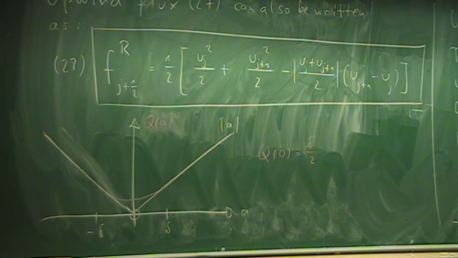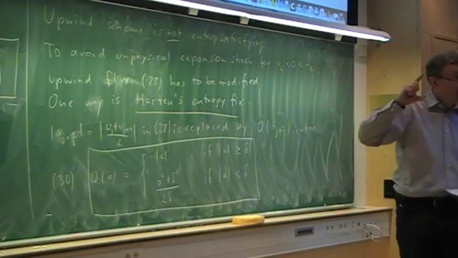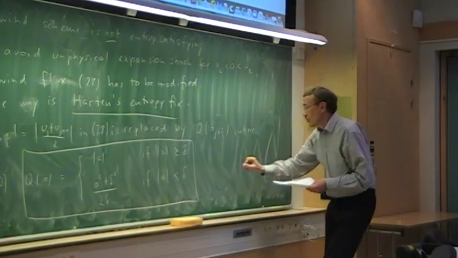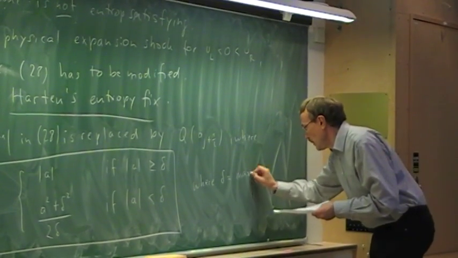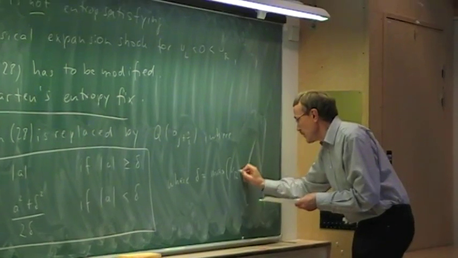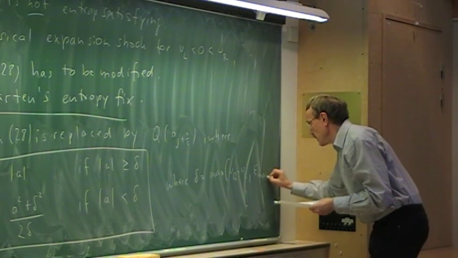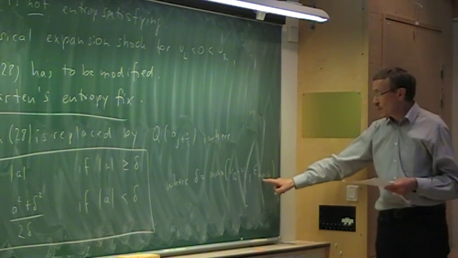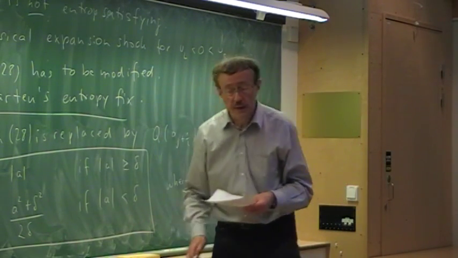And how you can choose this delta is actually determined by the jump between UL and UR. So you can choose delta, for example, as the maximum of UR minus UL and the machine epsilon that we discussed in one of the lessons, just to avoid division by 0 when delta gets small.